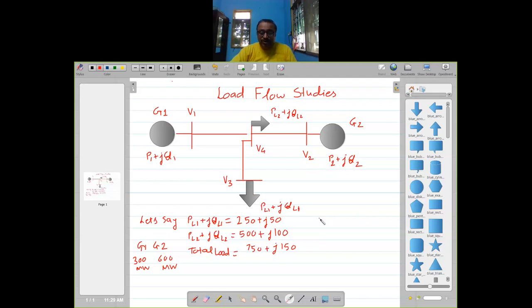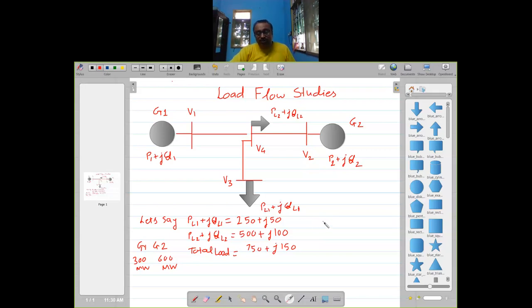So if we are generating only, let us say, 100 megawatt and our load is 150 megawatt, this requirement cannot be satisfied. So definitely there is a requirement that the total load must be less than the total generation. So this is the first requirement.